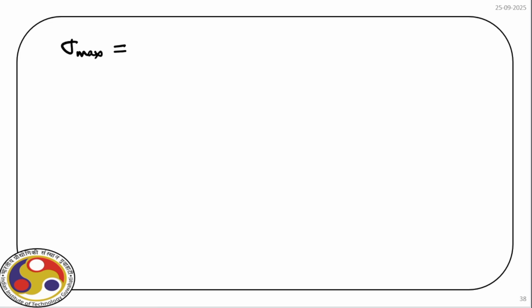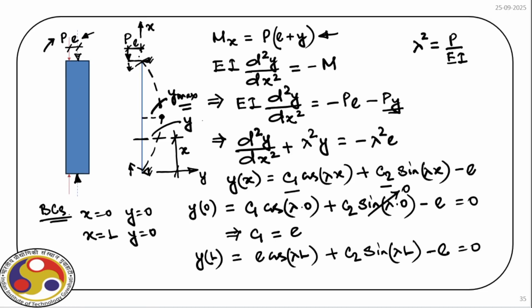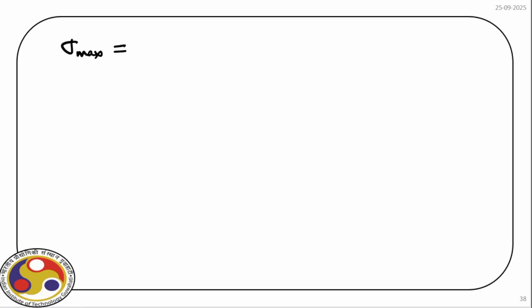So sigma max in this case is actually the stress caused by this force P, and we have cross-sectional area, say A. So P by A is the compressive stress, plus due to bending we have maximum moment at the middle, so M max divided by I times Y of the extreme fiber from the neutral axis, right?